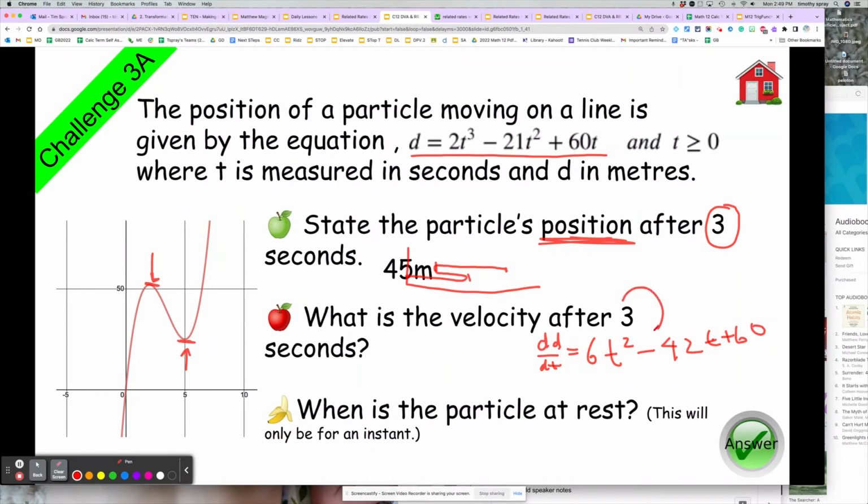Okay, and then I'm going to put 3 in all those spots where I see the t, and when you do that, you're going to get negative 12 meters per second, which basically means that it's moving downward or back toward the direction that it started. Okay, so its distance is decreasing is basically what that means.